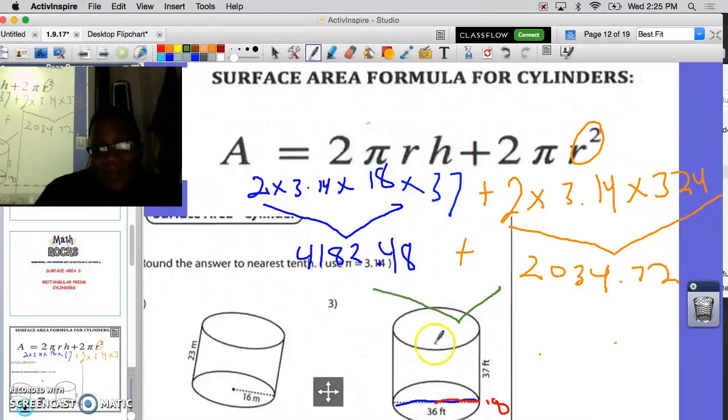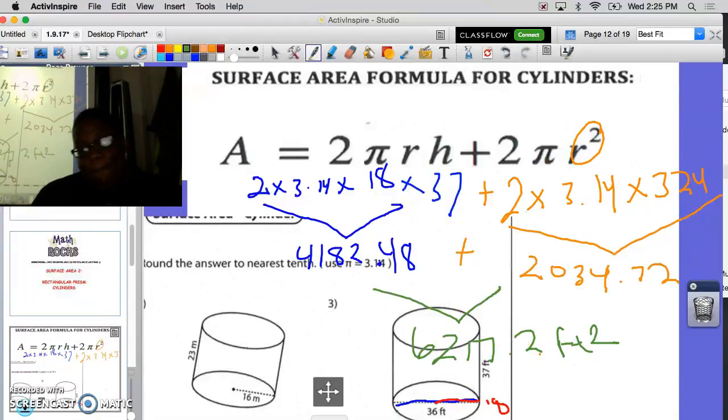All right. Our answer to that is 6,217.2. And then, of course, this unit is in feet, so you can put square feet. With those 3 examples, I think those are 3 pretty good examples on how to do surface area of cylinders.